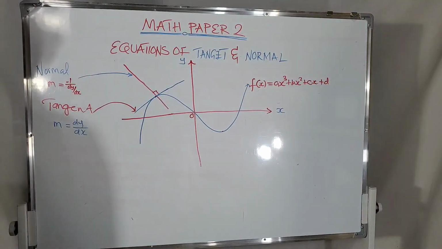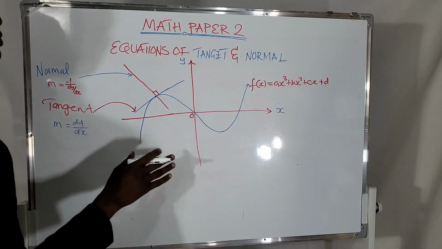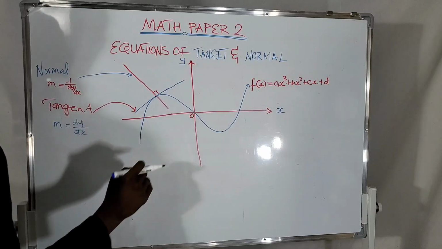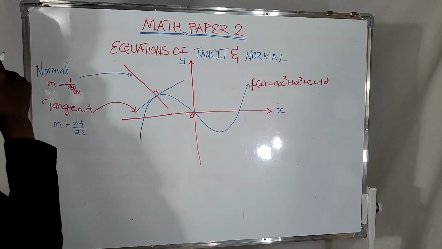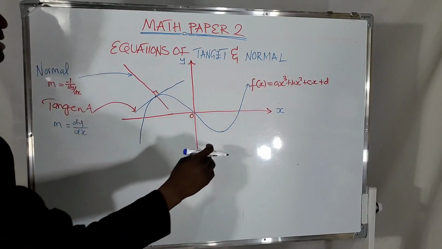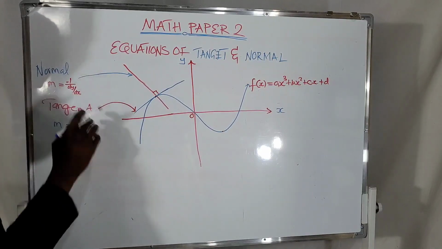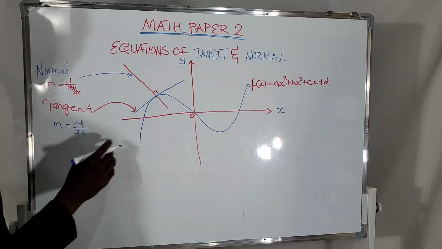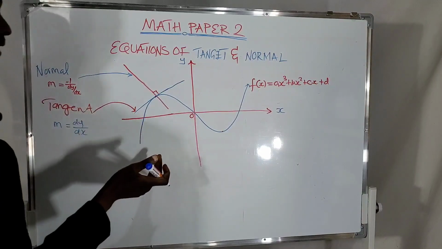Now, the way we deal with a tangent line when solving equations is slightly different from the way we deal with a normal. The difference is in finding the gradient.